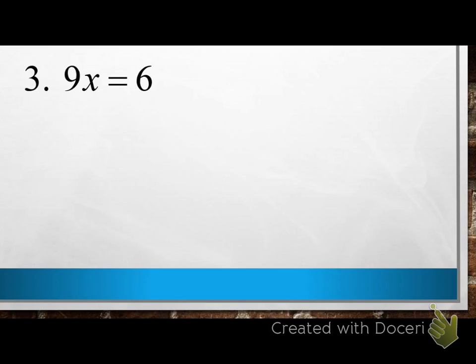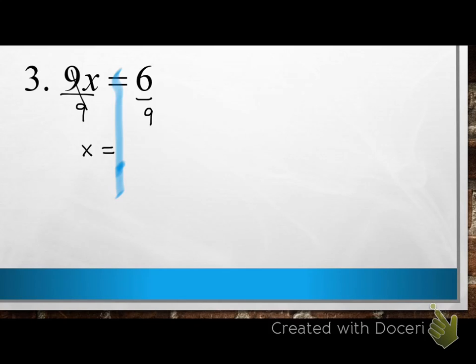Okay? So this time, it's 9 times x equals 6. Bryce, what are we going to do to get the x isolated? What's the opposite of multiplying by 9? So we're going to divide both sides by 9. Now, x equals 6 divided by 9 is a decimal. We don't want a decimal answer.